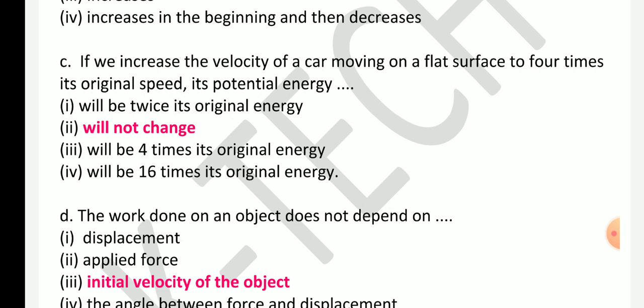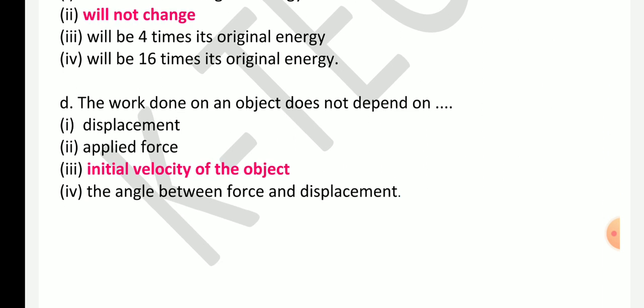The answer is will not change. Fourth one, the work done on an object does not depend on dash. Options are first, displacement, second, applied force, third, initial velocity of the object, fourth, the angle between force and displacement. The correct answer is initial velocity of the object.